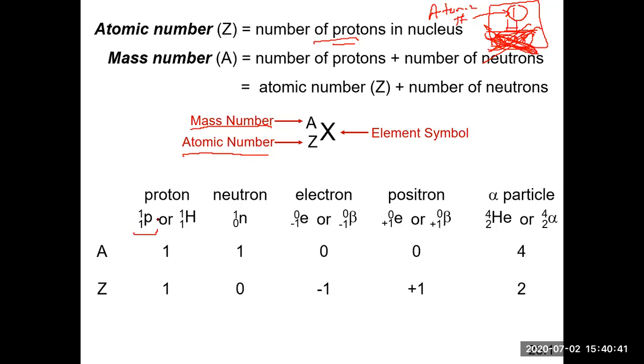But sometimes to represent a proton, people will use the P and the 2 1s, or because really a proton is a hydrogen, people will sometimes use the hydrogen with the 2 1s to represent that. A neutron is a little n with a 1 on top and a 0 on the bottom there. And that's a very common symbol. And then you can see our symbols for electron, positron, and alpha particles, as we talked about.